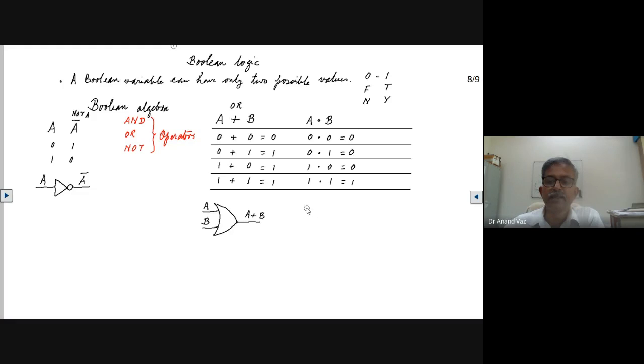Now the AND logic can be represented graphically using the AND gate.